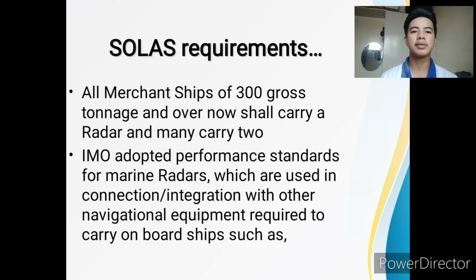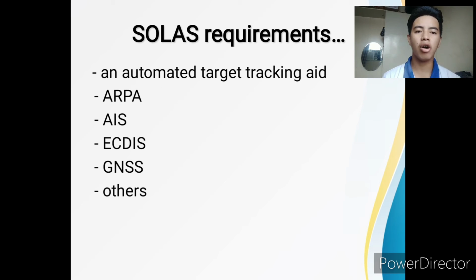SOLAS requirements: all merchant ships of 300 gross tonnage and over now shall carry a radar, and many carry two. IMO adopted performance standards for marine radars, which are used in connection and integration with other navigational equipment required to be carried on board ship, such as automated target tracking aid, ARPA, AIS, ECDIS, GNSS, and others.